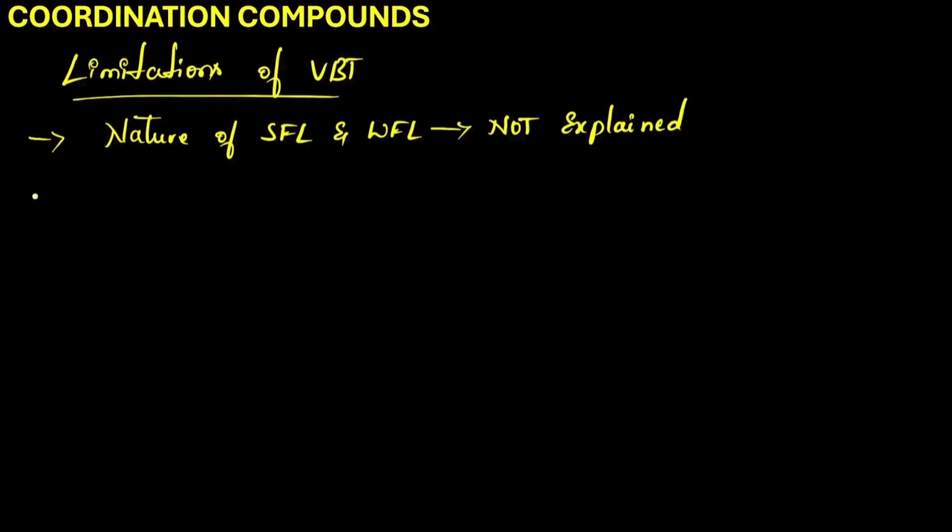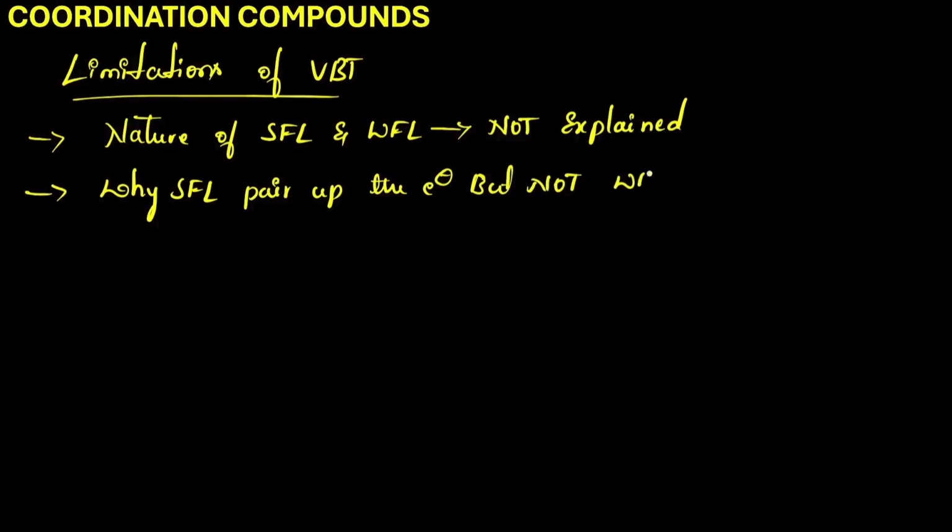And next one is why strong field ligands pair up the electrons, but not weak field ligands; this is not explained by VBT.